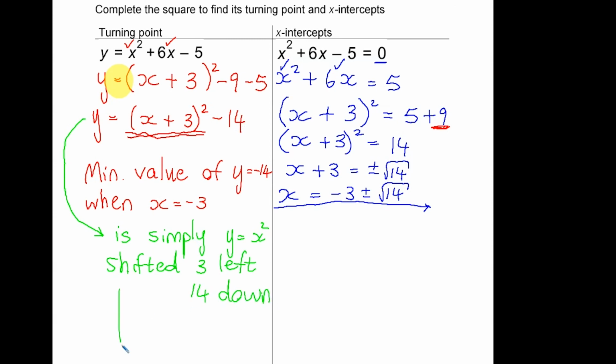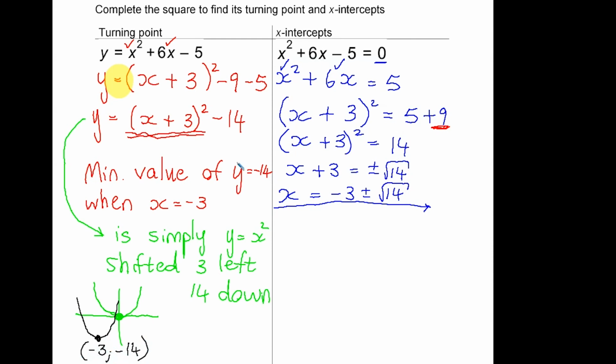Now remember that y equals x squared would turn on the origin at 0, 0. If we were to shift that 3 to the left and 14 down, that point would now become negative 3, negative 14. Right, and that's the turning point of that parabola.